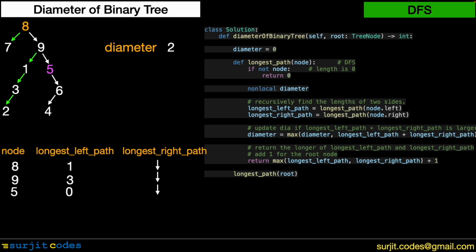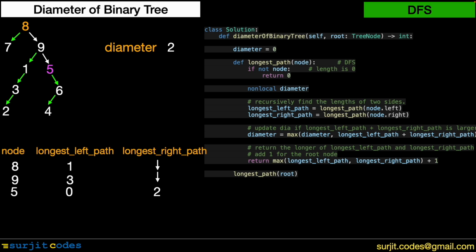Its left node is none and its right node becomes new node. We can easily visualize that the longest left path of 6 is 1 and its longest right path is 0. Their sum is 1, which is less than the diameter. 2 becomes the longest right path of node 5. There is no change in diameter.